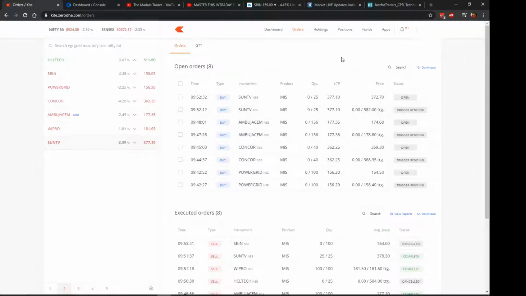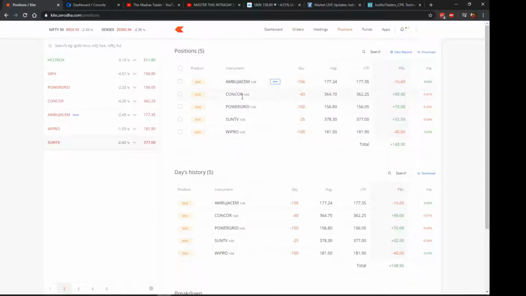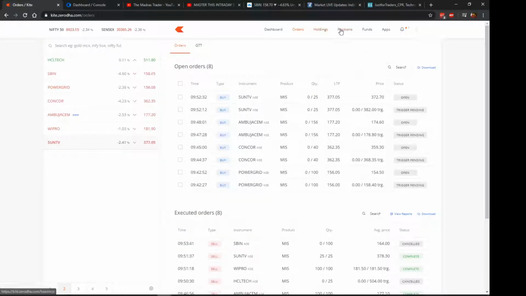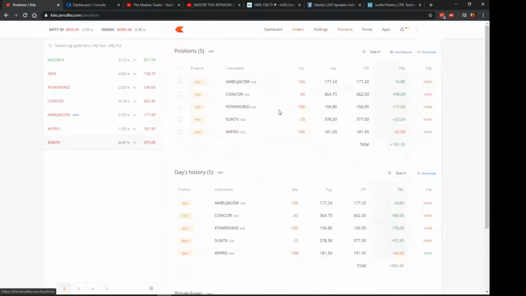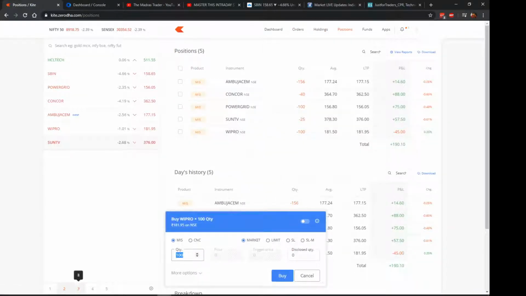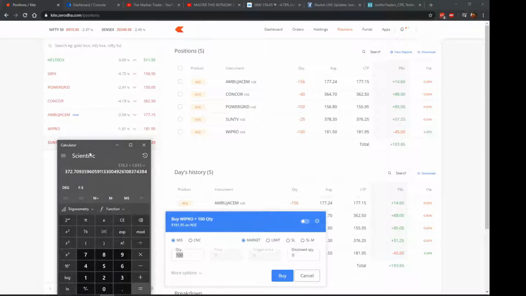So far, we have 5 positions: Ambuja, Concor, Power Grid, Sun TV, Wipro. I haven't added any details for Wipro, so I will just add those. Wipro's price is 181.5, so I multiply by 1.01, which is 1%.